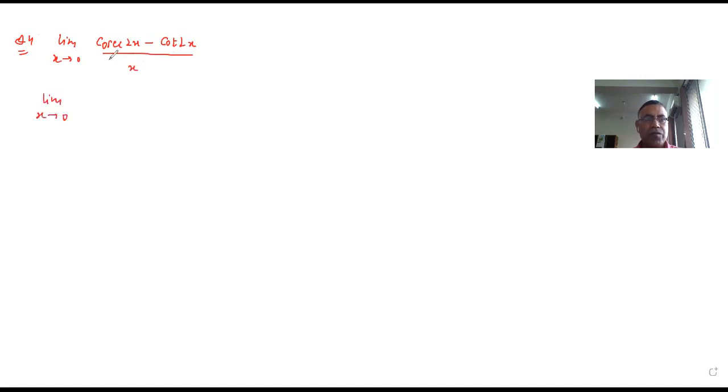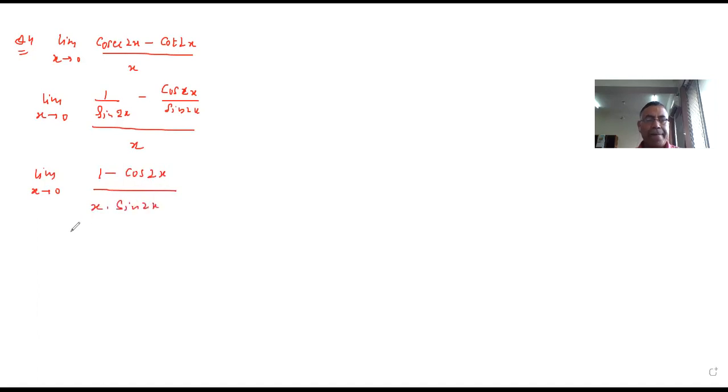Now, cosecant can be written as 1 over sine 2x, and cot 2x is cos 2x upon sine 2x. So limit x tends to 0, (1 minus cos 2x) upon x times sine 2x.